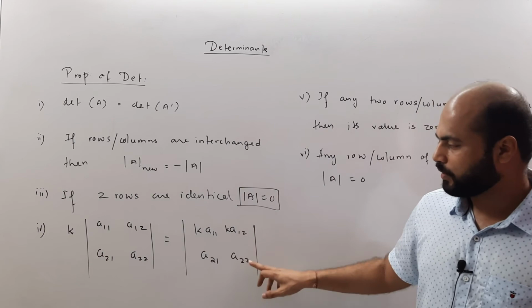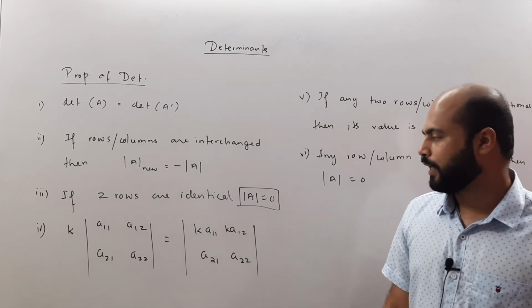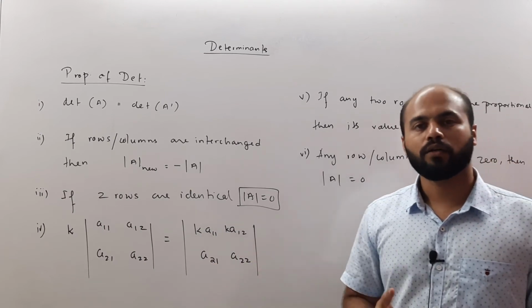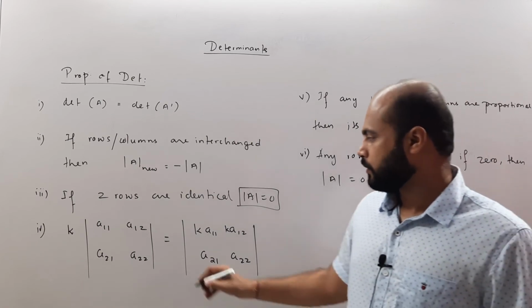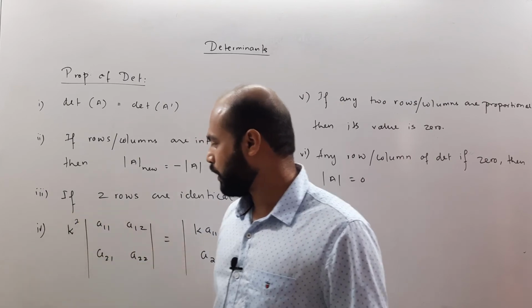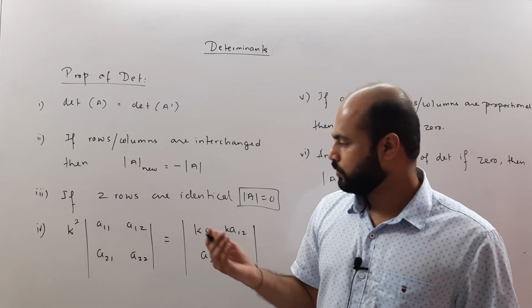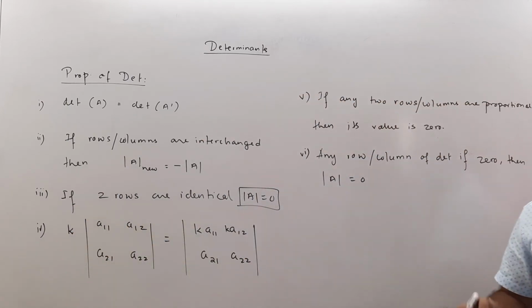So I can write this determinant as Ka11, Ka12, or I could have also written it as Ka21, Ka22, but only one row at a time. If there was k square, I could have associated one k with this, the other k with this, just the way we want in a problem, according to our requirement.